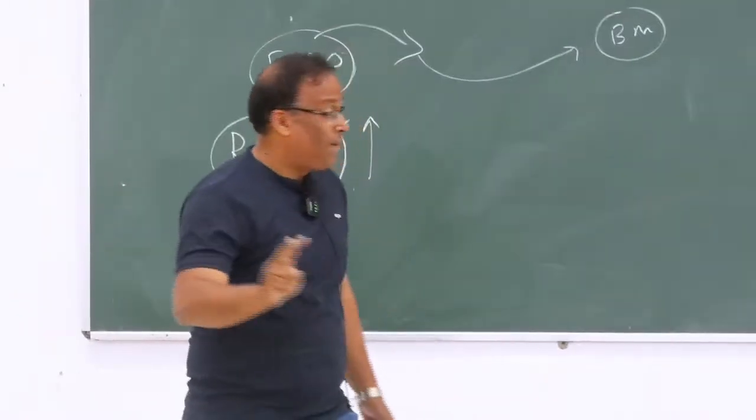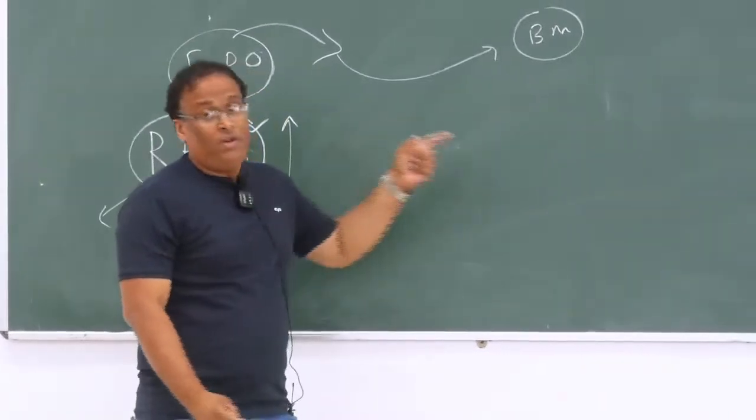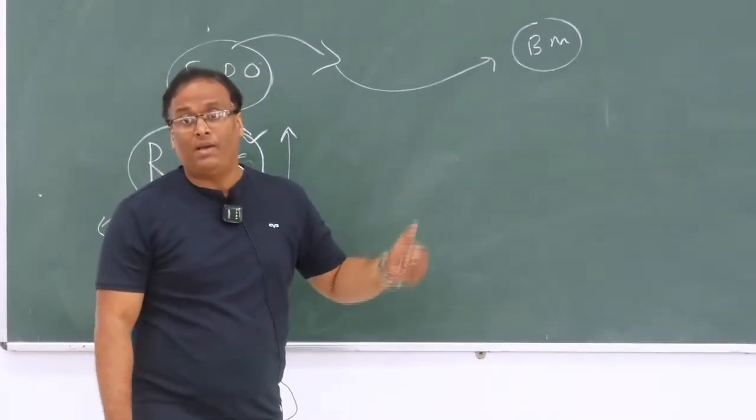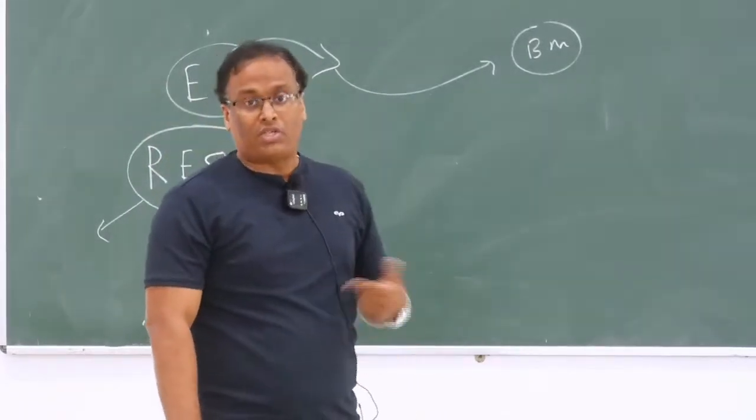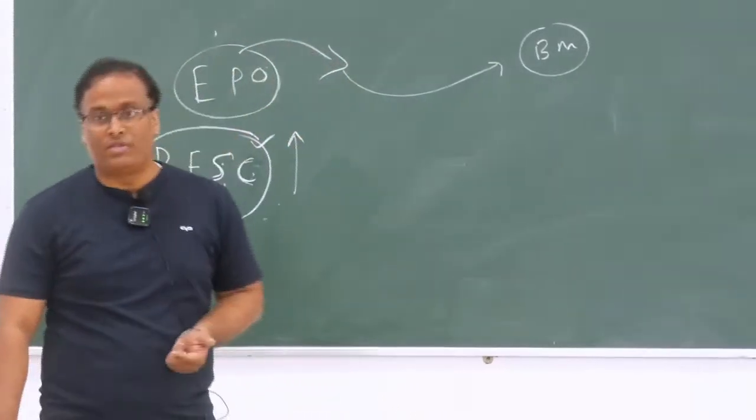Already I described how it is formed. So every stage is enhanced by erythropoietin, and it also reduces the destruction of the pro-erythroblast.